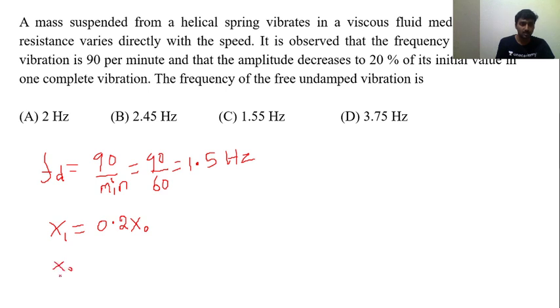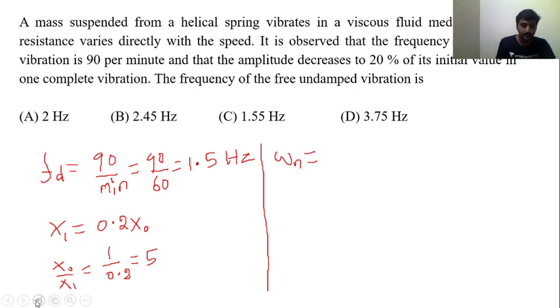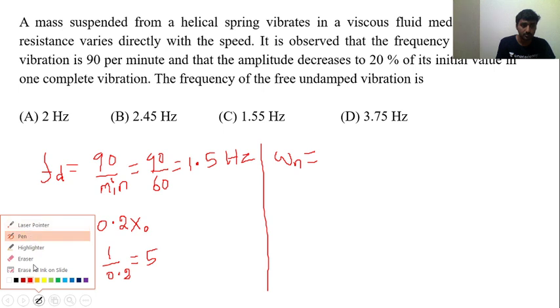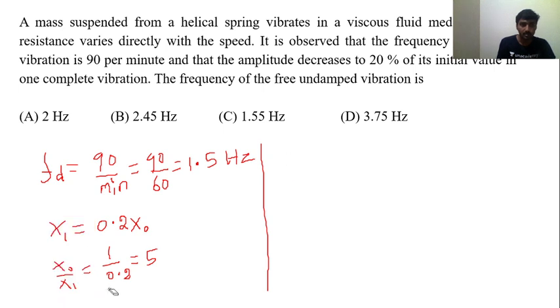So x0 divided by x1 is 1 divided by 0.2, that is equal to 5. These are the given values here. Now we need to identify the frequency of undamped vibration. We need the value of omega n. Sorry, fn. We need the value of fn.